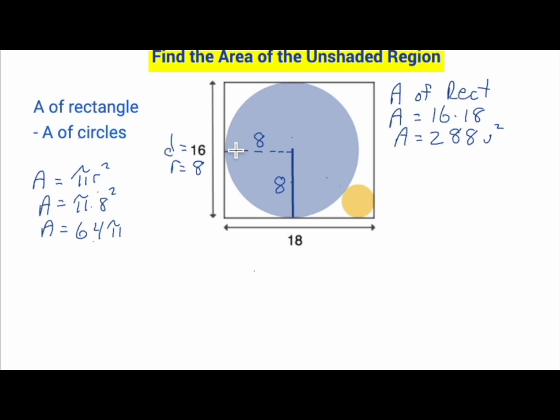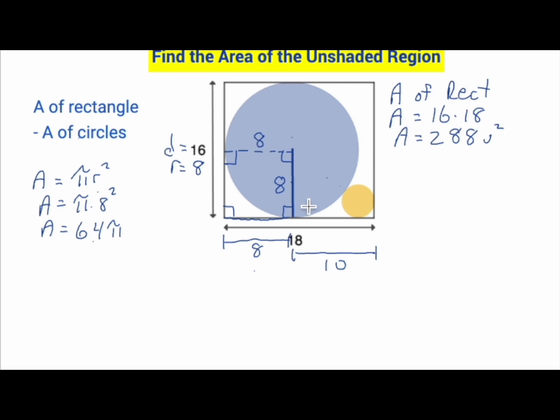The rules of tangency mean that this meets at 90, this meets at 90, and this is a rectangle, so that's 90. So we know that this top is 8, and this bottom here has to also be 8. If the whole bottom is 18, and this much is 8, then the remainder is going to be 10.